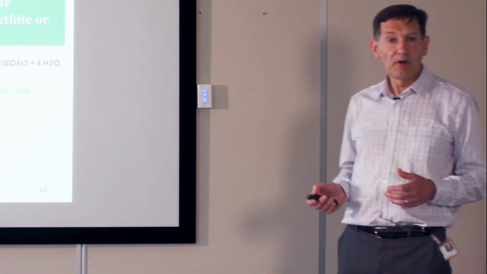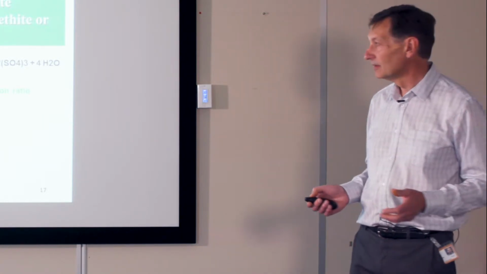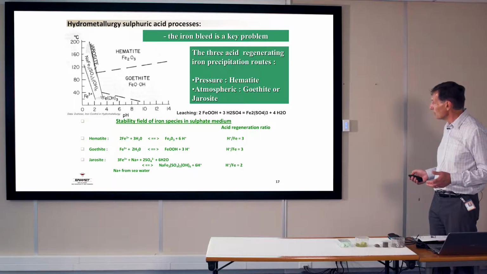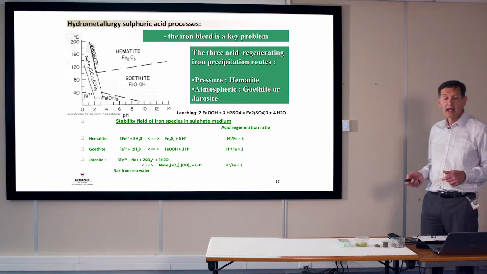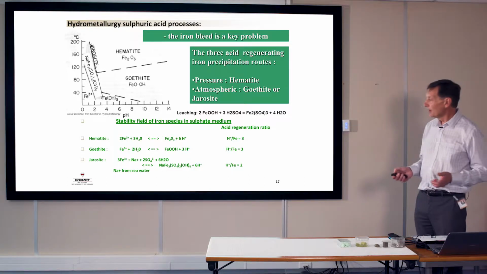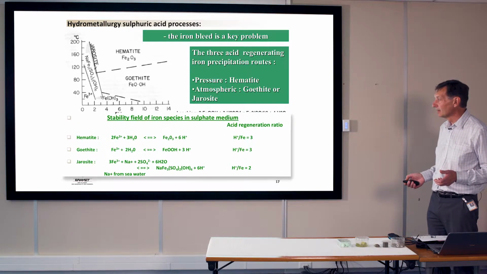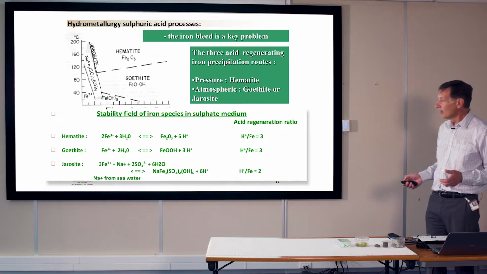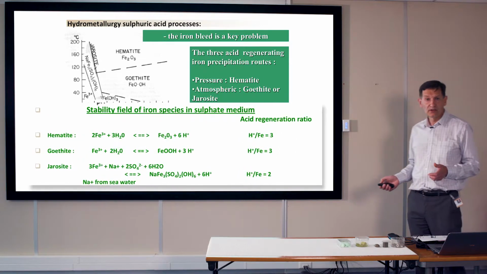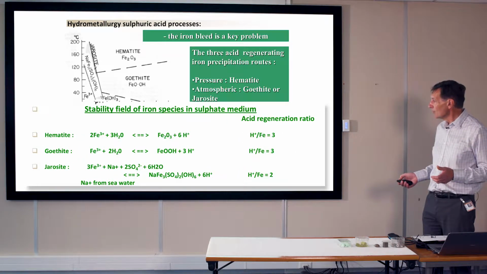Another thing, also very important, is the chemistry. I remind you that you have dissolved the iron, and in the same vessel, you will reprecipitate the iron as hematite, goethite, or jarosite. When you reprecipitate the iron, you see this reaction, you create acidity. That's the main thing for goethite and for jarosite.